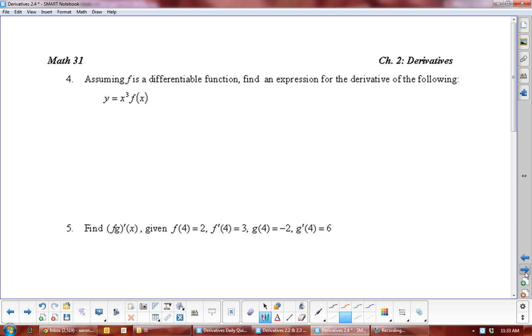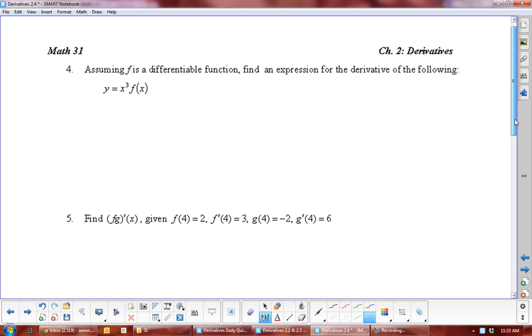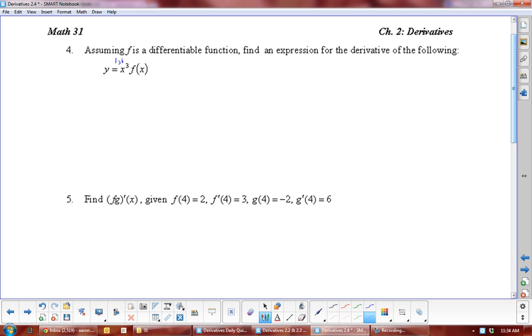Okay, so assuming f is differentiable, find an expression for the derivative. So this one you would have to know the product rule. So this is the first, this is the second. It's a function. We don't know what function it is, but y prime would equal the first times the derivative of the second, which would be f prime of x, plus the second times the derivative of the first, which would be 3x squared.